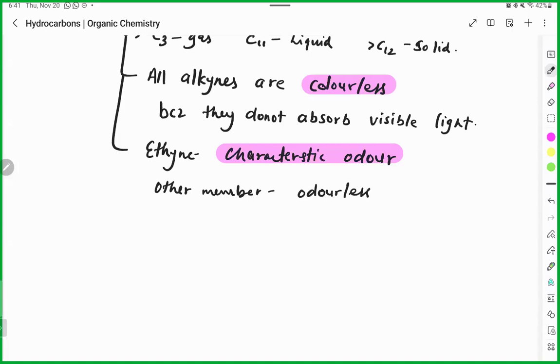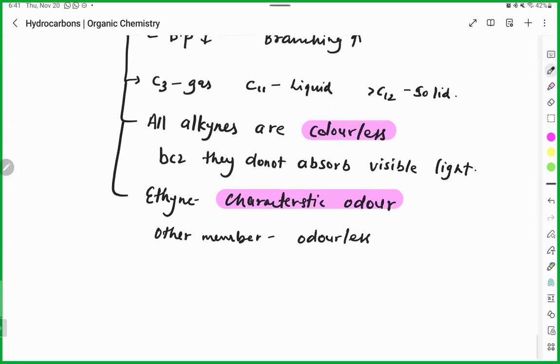Yes, it is normal, but in a statement this question can be asked that all alkynes are colorless, and you will feel that, with 'all', usually these statements are wrong, so I will mark it wrong. But it is correct. Most members of alkyne are odorless, but ethyne has a characteristic odor. Then you will realize that oh, you made a mistake.